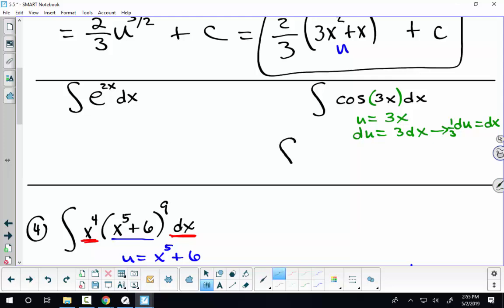So then I get the integral of cosine u du times 1/3. So my 1/3 du was dx, and then that's the cosine of u. So then what's the antiderivative of cosine with respect to u?